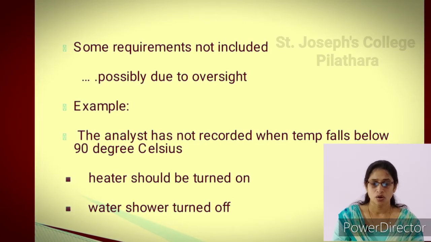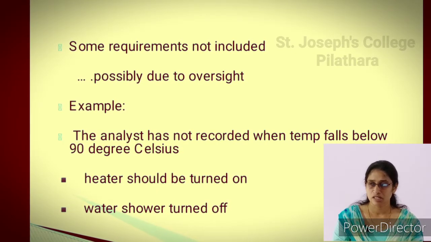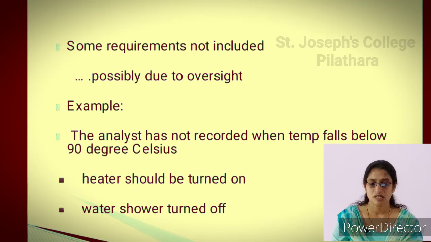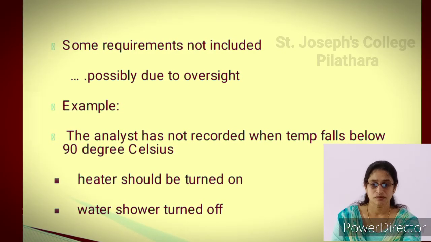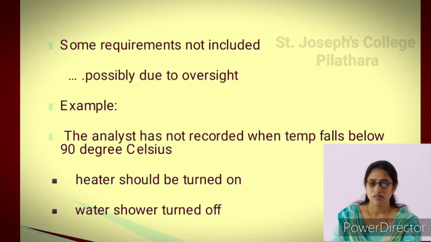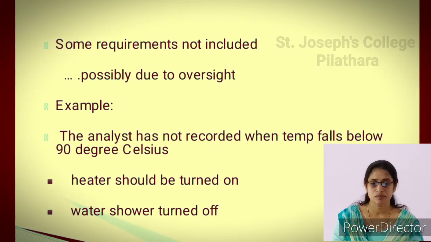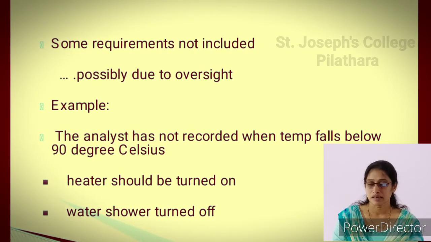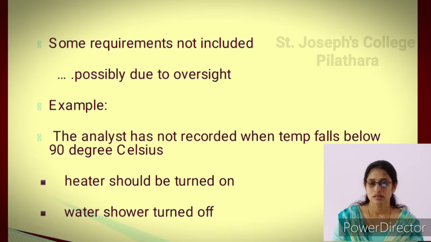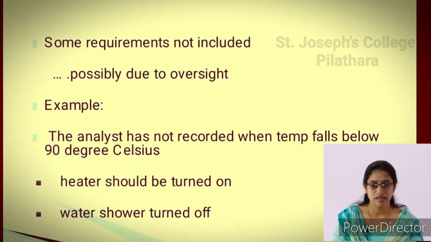But on the lower side of the temperature, no action to be taken has been recorded. So that is an incomplete requirement. We should have recorded that when the temperature is less than 90 degrees, the heater should be turned on again and the water shower should be turned off, to maintain the temperature between 90 and 100.